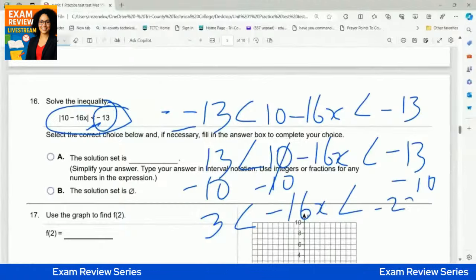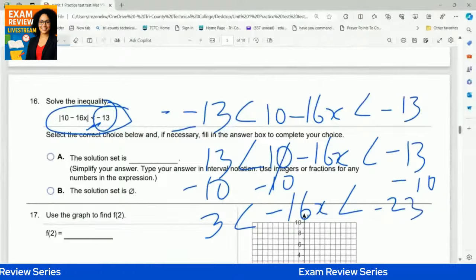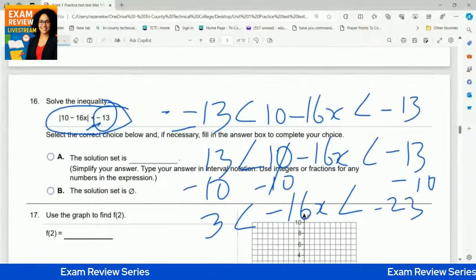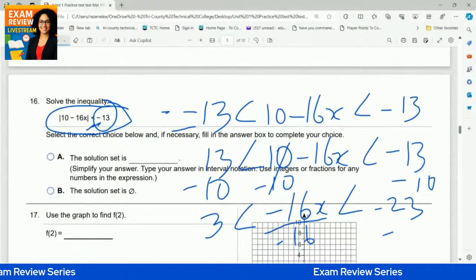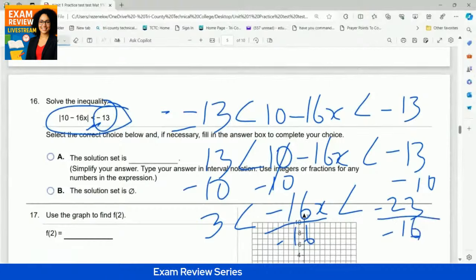I haven't finished solving because I should have the coefficient of x in the middle to be 1. It's not 1 yet. So I will keep isolating x. Divide all the three sides by negative 16. That way, I will finish up with positive 1 as coefficient.